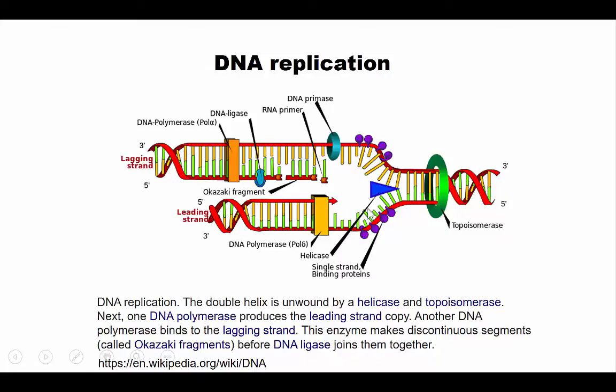Once it's opened up, each strand can act as a template for the synthesis of a new strand of DNA. In this strand, this one is 3' end to 5' end, so synthesis can happen from 5' to 3'. This is very smooth growth. That's why this strand can be synthesized continuously in this direction.